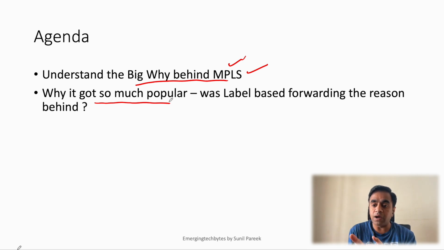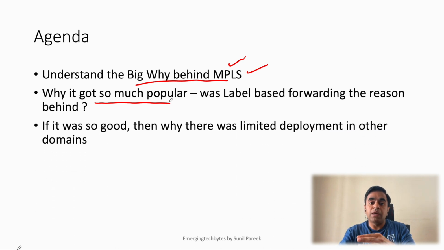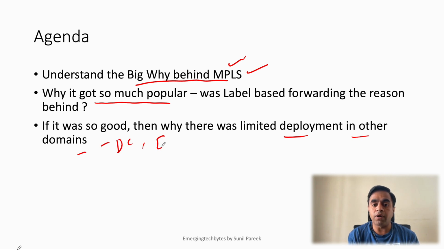And then the third item is, if it was so good, then why are there limited traces of deployment in other domains, for example data center or enterprises. So we will discover these two aspects as well in this session.